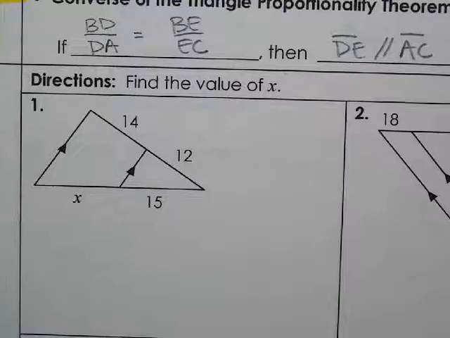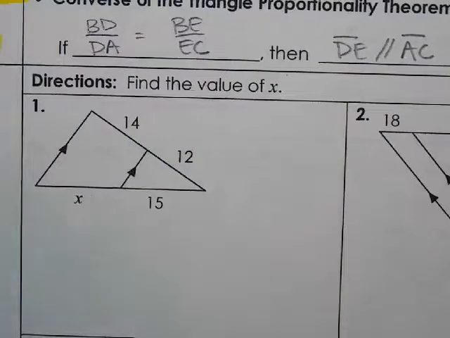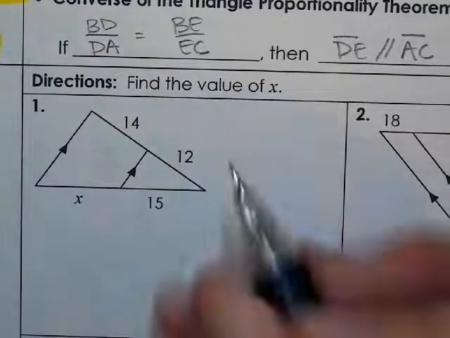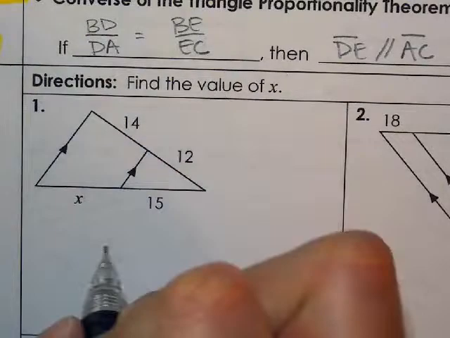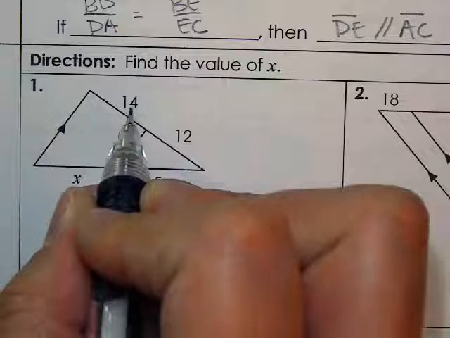So we're doing the regular side splitter theorem because they're starting us off with the lines being parallel. This is the regular version, not the converse. So the sides are proportional, and we'll use that to solve for x. I'm going to say 14 over 12.